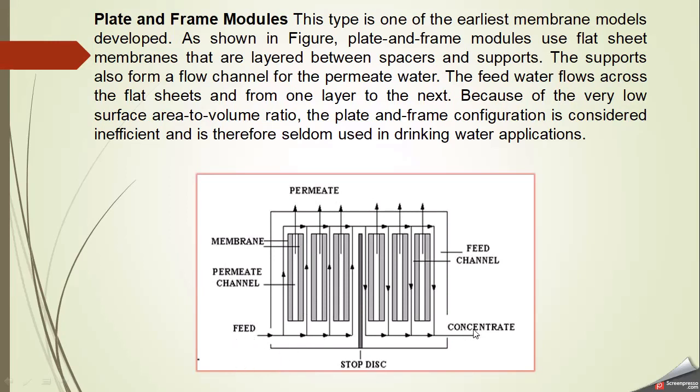This is the plate on which these are fixed. The supports also form a flow channel for the permeate, and between these supports there is a permeate channel, because the membrane is on these modules. When we apply pressure, water from outside comes inside these permeate channels and is then collected at one side.